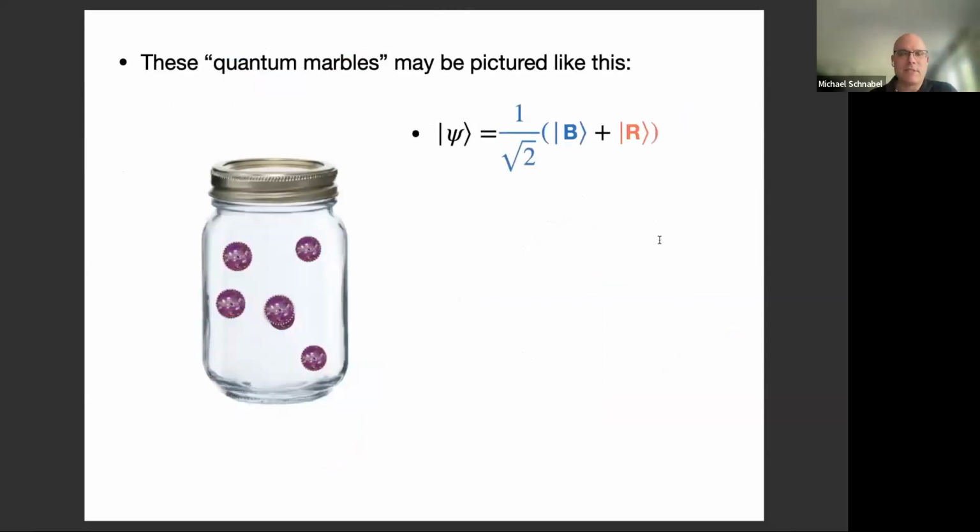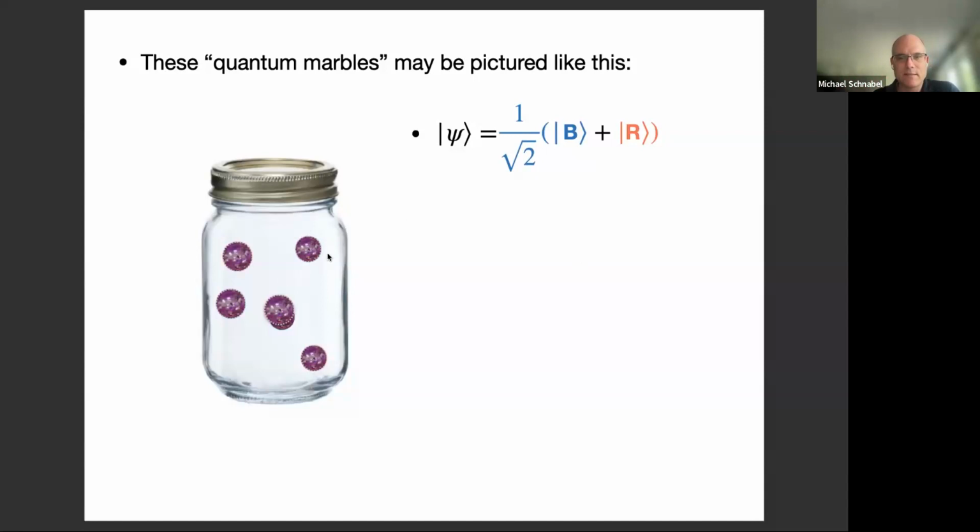So what I propose here is to define a quantum marble, which is just the superposition of these two, and to assign them, just for illustration, quantum purpleness.